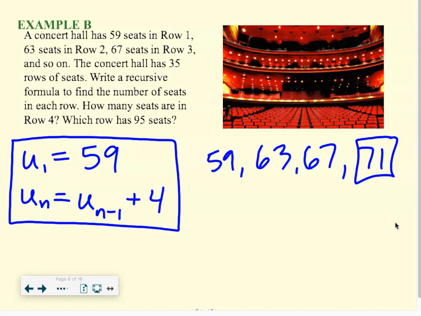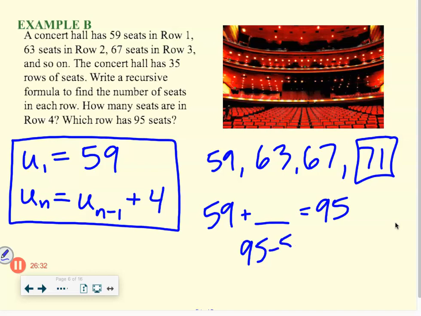Okay, so the question is, which row has 95 seats? Well, I could say 59 plus what equals 95. Well, it's something where I'm going up by 4s, right? So let's see, 4 times something. So if I do 95 minus 59, well, let's see, 95 minus 60 is 35, so 36. All right, so that means there are 36 more seats in this row than there are in the first row, right?